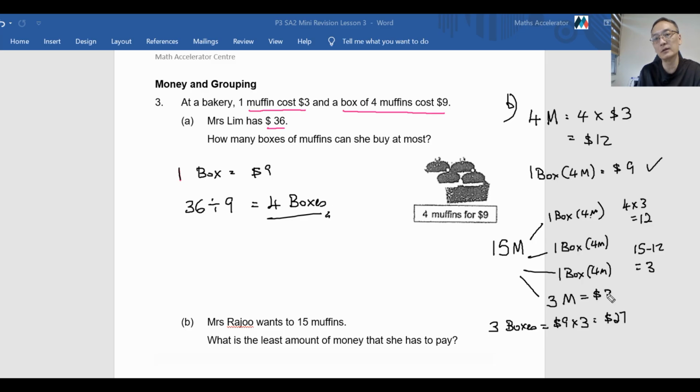It will be $3 per muffin multiplied by 3. That will give you $9, right? So we add the two together. 27 plus 9. And we will end up with $36. So $36 is what she needs to pay for 15 muffins.